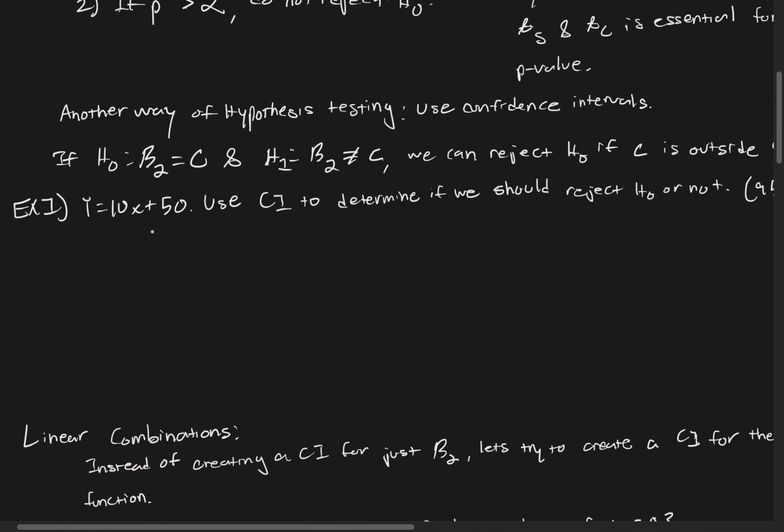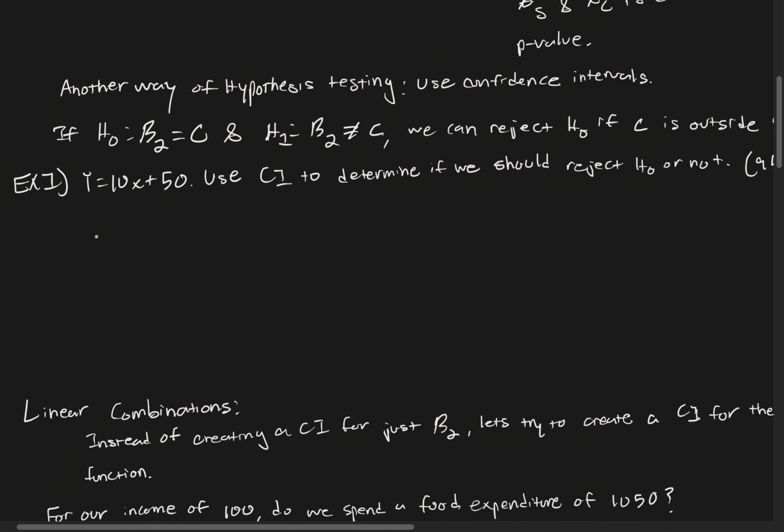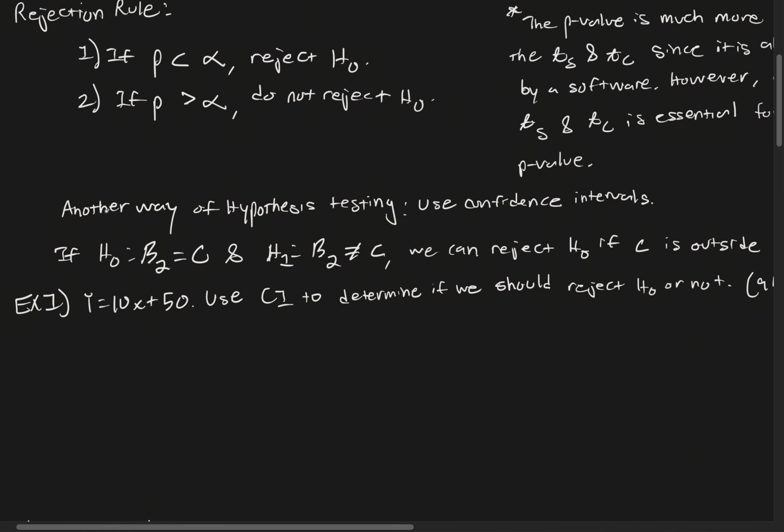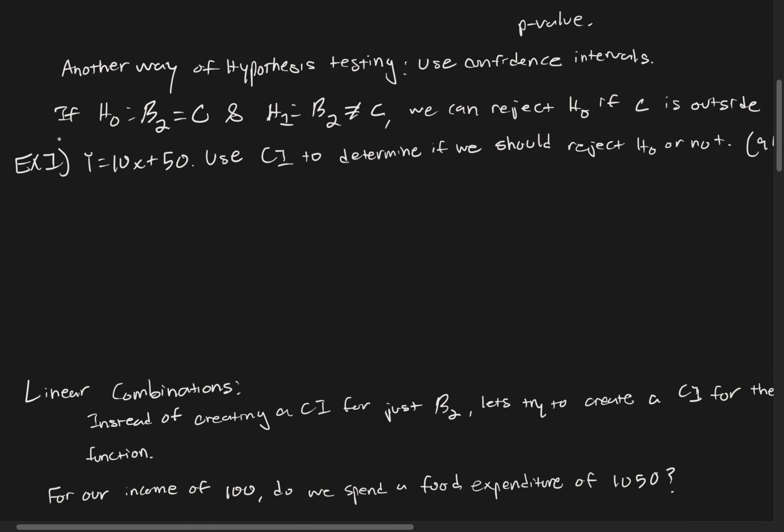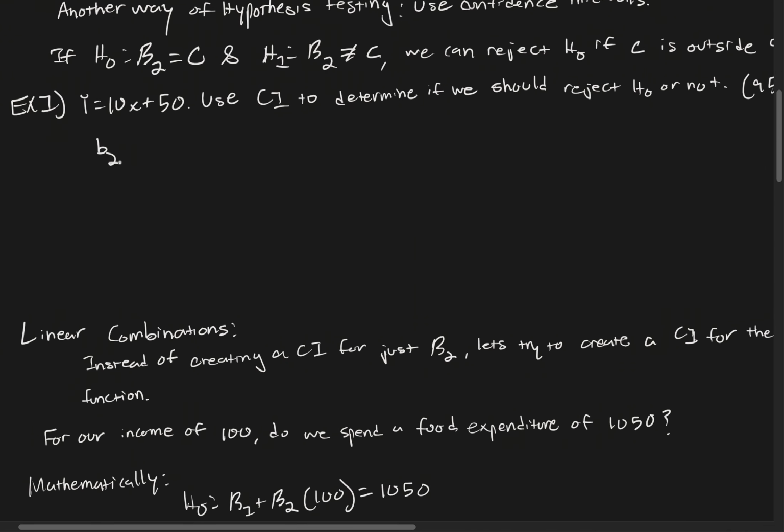So using our first example here, to create a confidence interval, note that it's given by beta 2 plus or minus the critical value times the standard error of B2.